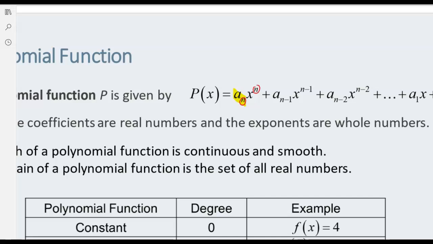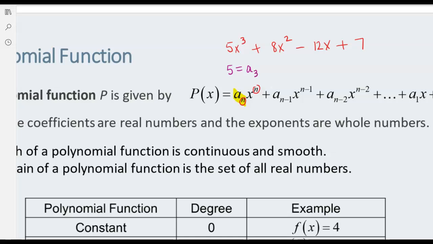An example would be 5x to the third power plus 8x squared plus 12x to the first power plus 7. We would say that the number 5 is a sub 3.